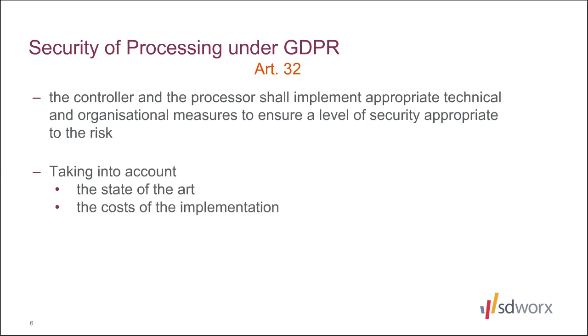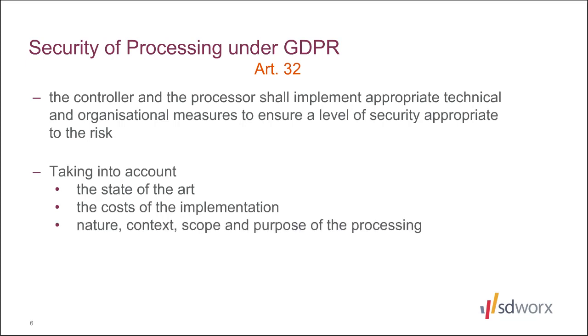The costs of the implementation. So when assessing which measures to take, of course, costs are also important. And depending on the size of the organization, depending on the sensitivity of the processing, that cost element is certainly also something to take into account in the equation. So it's not that you have to implement measures at all costs as such.